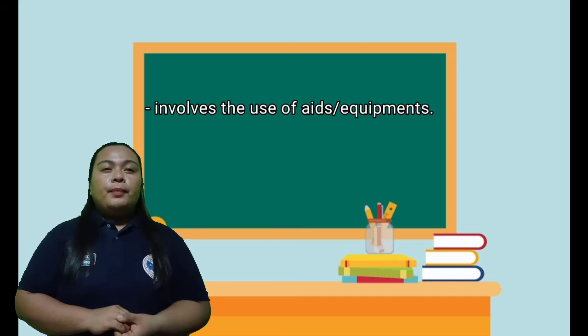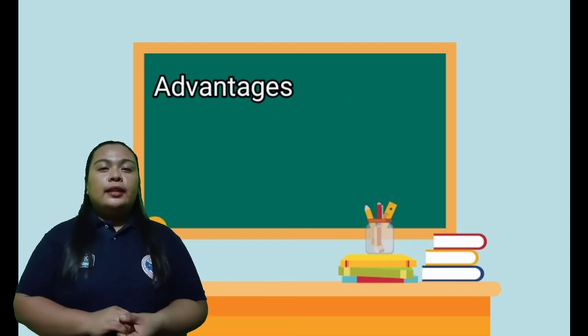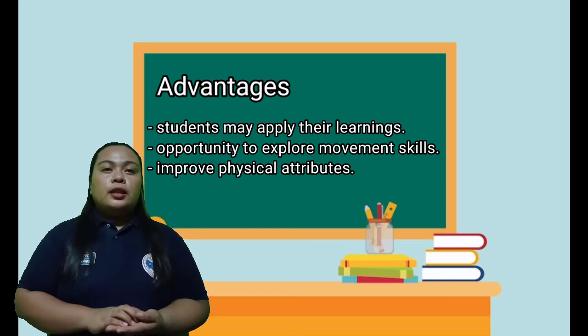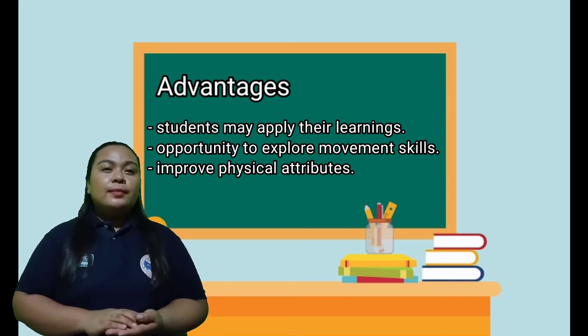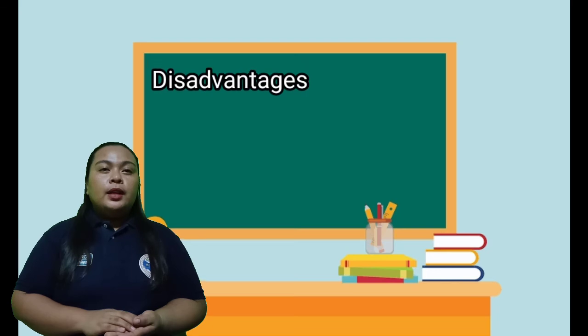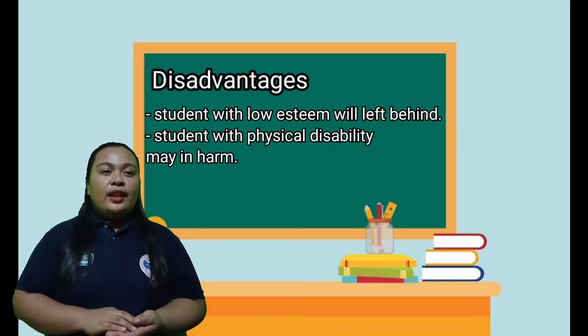This method may have advantages and disadvantages. The advantages of this teaching method are the students may apply their learnings, have the opportunity to explore movement skills, and improve physical attributes. The disadvantages of this method are the students with low self-esteem will be left behind. The students with physical abnormalities are in danger.